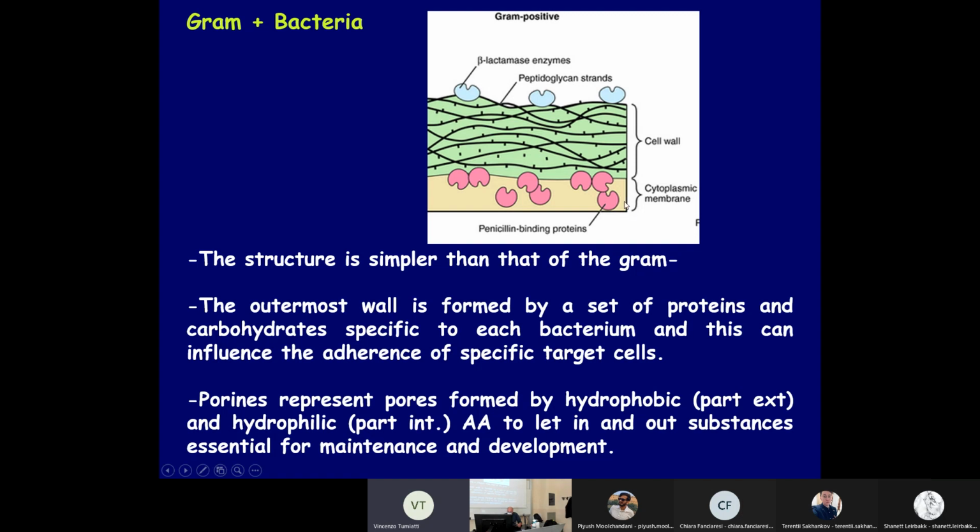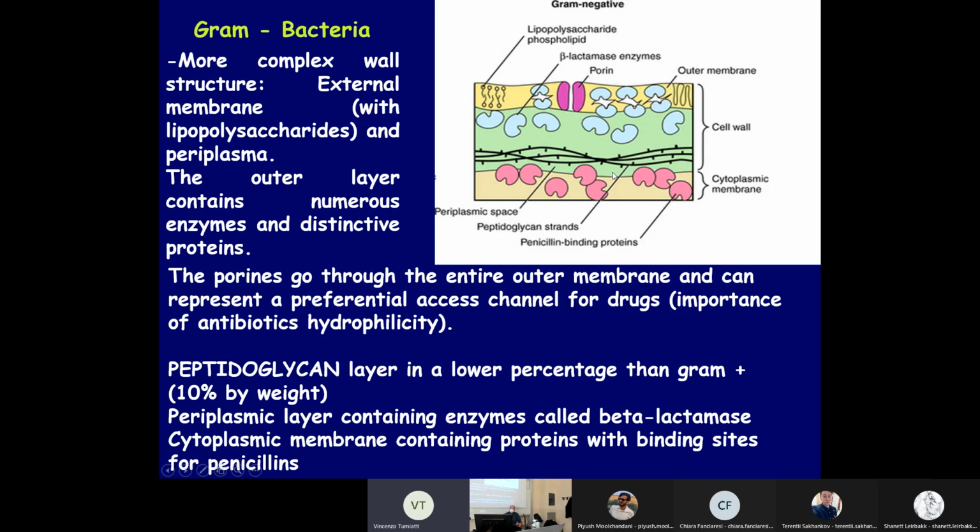We have to reach this type of proteins if we want to kill this type of bacteria. In the case of gram-negative, to interact with these proteins we have to cross the outer membrane, the peptidoglycan layer, and another membrane. So it is not so easy to reach these proteins.